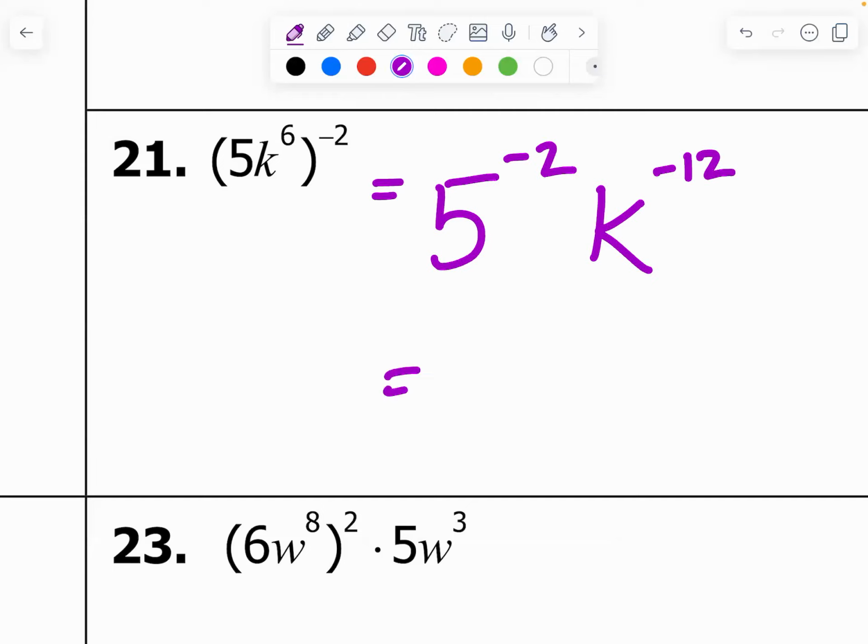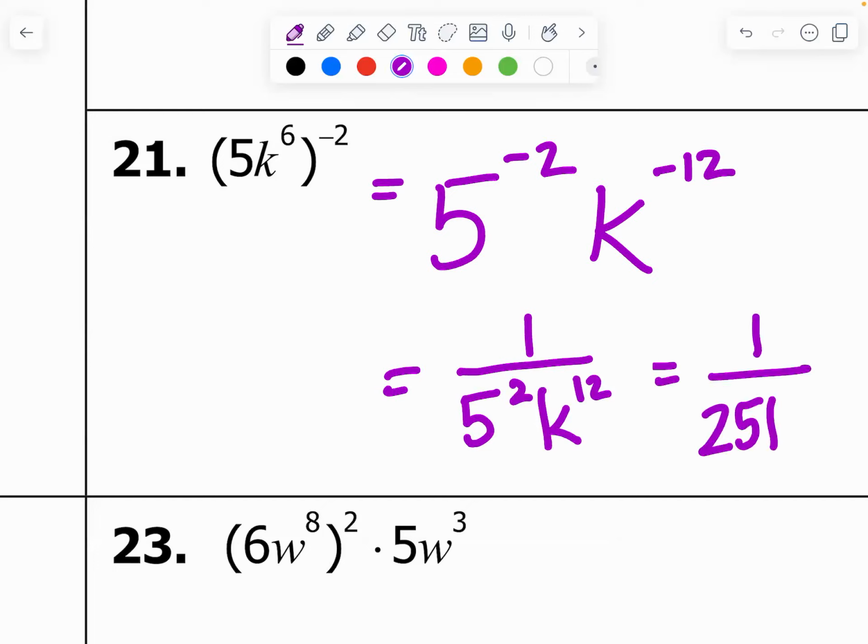So we're going to have to rewrite 1 over 5 squared and K to the 12th. They both have to come down to the denominator. We know 5 squared is 25, so I'm going to write it like that.